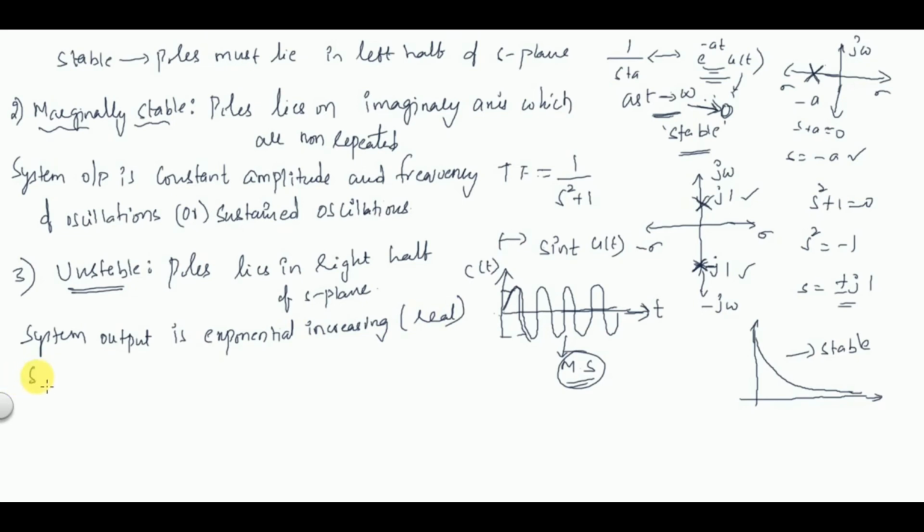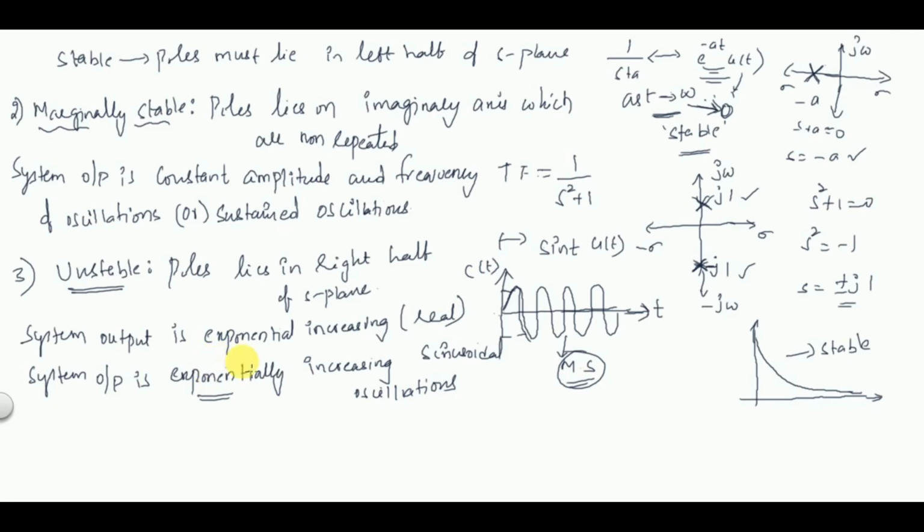If they are complex in nature, the system output is an exponentially increasing sinusoidal signal, sinusoidal oscillations. Okay, so I'll make a separate video on these different types of system output depending on the pole's location.